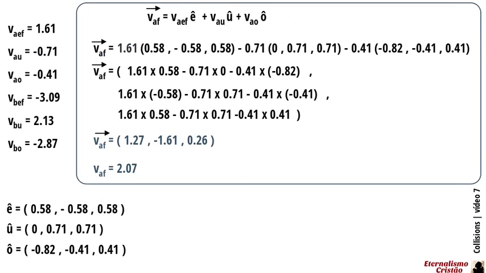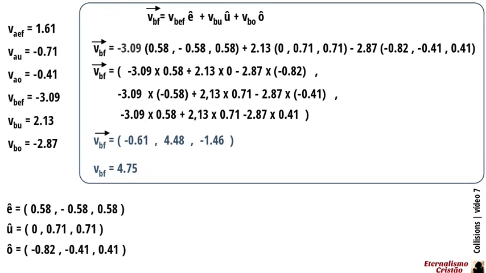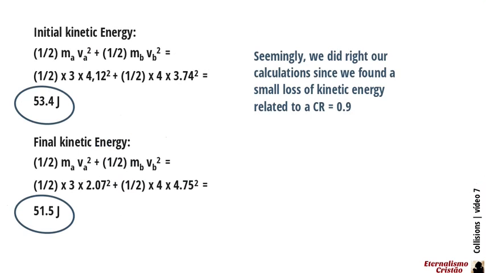Be careful not to distract yourself and mistake between x, y and z values. As the calculations, although simple and easy, are long, the probability that some mistake occurs is high. So, check the kinetic energy before and after collision, and see if the values make sense.